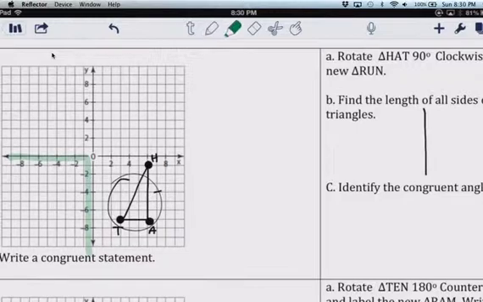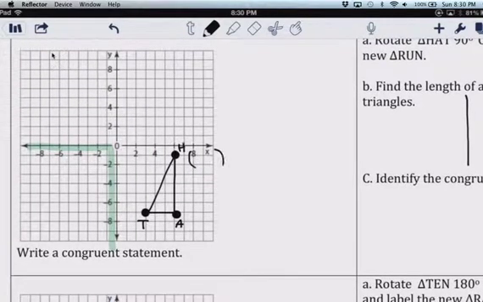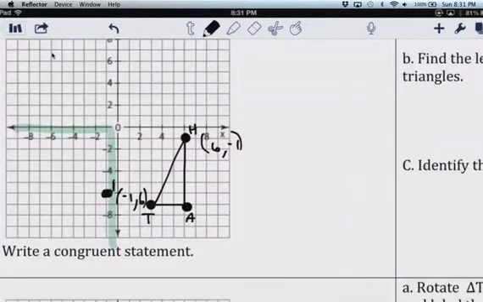So the numbers change. H is 6, negative 1. So H will become 1, negative 6. You switch it. Negative 1, 6. And that is the letter R.